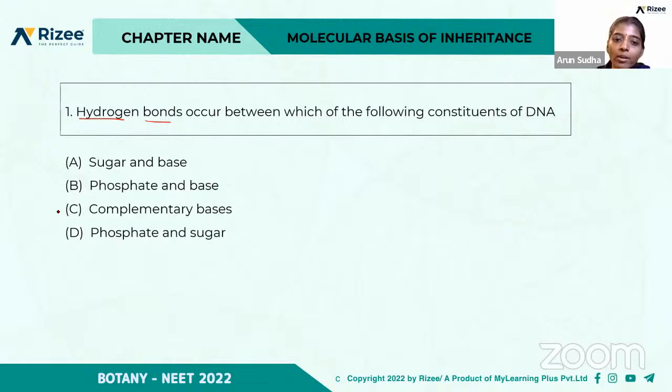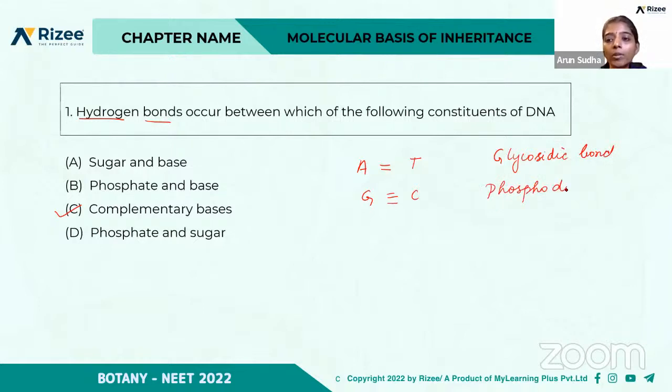The hydrogen bond exists between the complementary bases, adenine and thymine, and guanine and cytosine. But sugar and base are linked by the N-glycosidic bond. The other types of bonds are the glycosidic bond and the phosphodiester bond. But the hydrogen bond exists between the complementary bases. So C is the right answer.